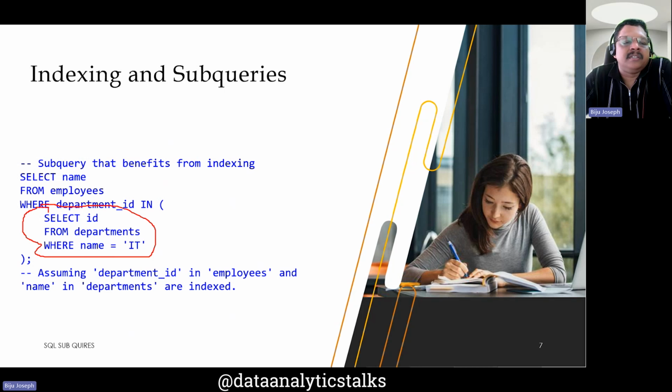In this context, there are two columns, ID as well as name. If you index them, you will get better results, especially when the data set is huge. It does not make much difference when the data set is very small. Okay, so that's about indexing.